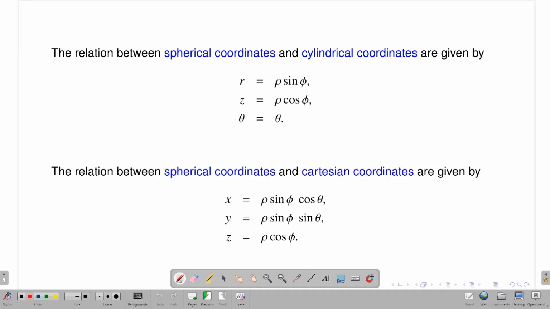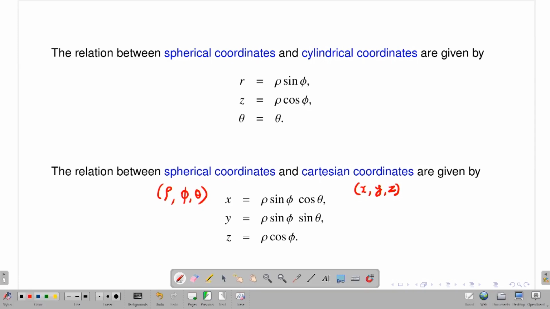Next, we will see the relation between spherical coordinates and Cartesian coordinates. Okay, Cartesian coordinates are x, y, z and spherical coordinates are rho, phi and theta.